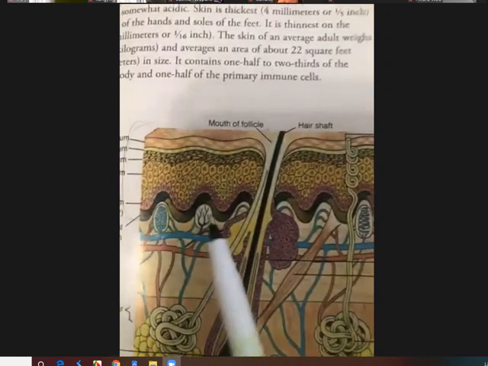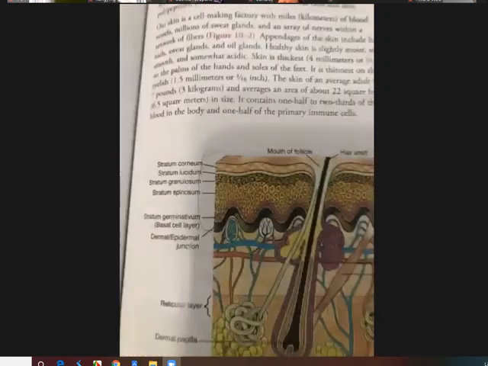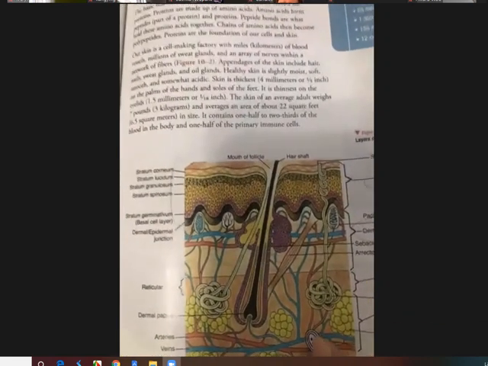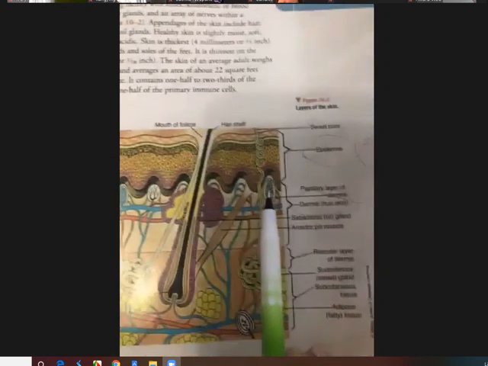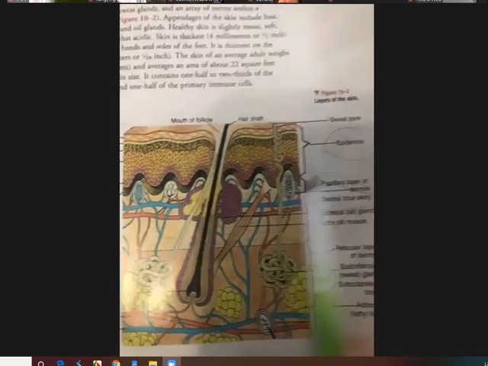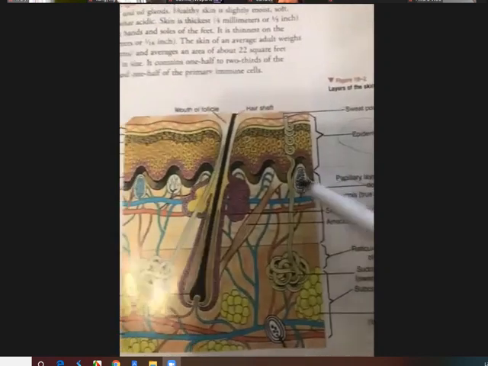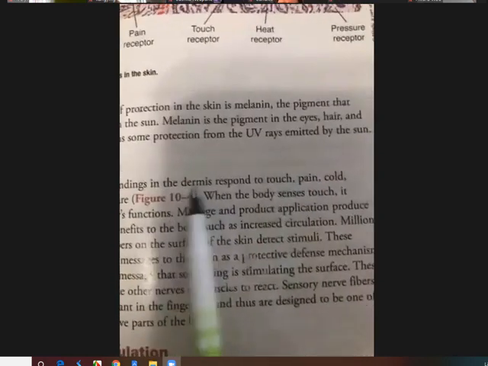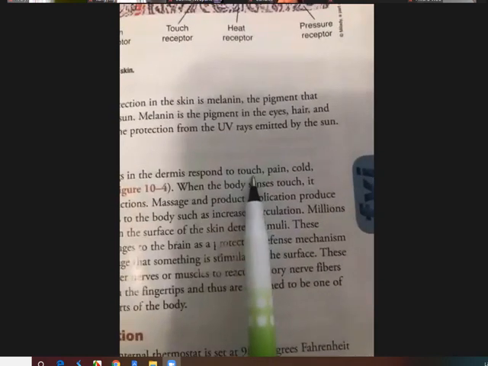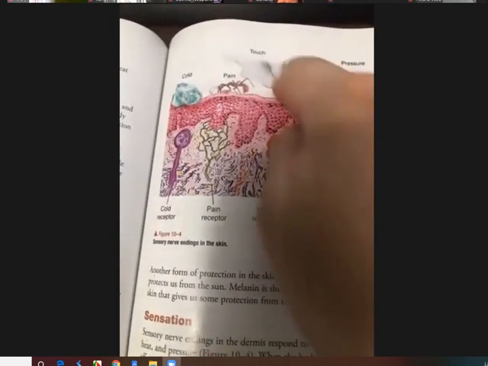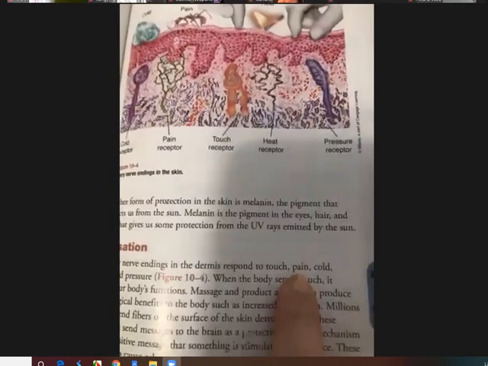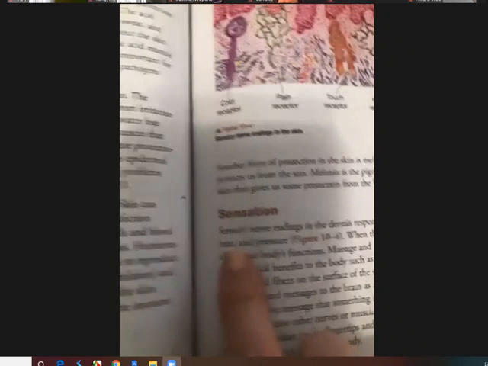This is in your dermis, so your sensory nerve is found in your dermis. It responds to touch, pain, cold, heat, and pressure.